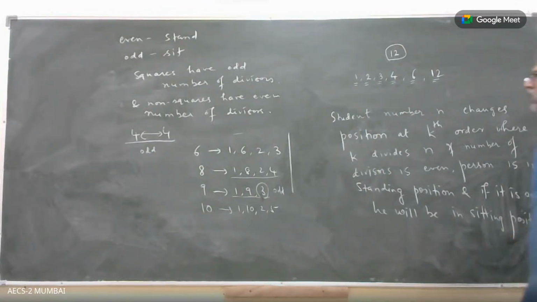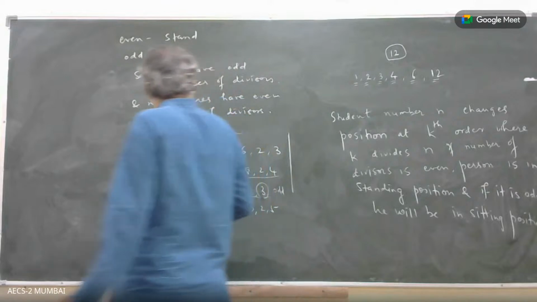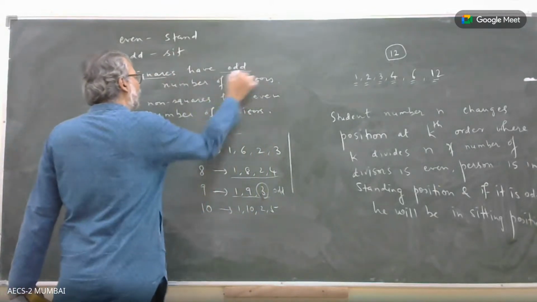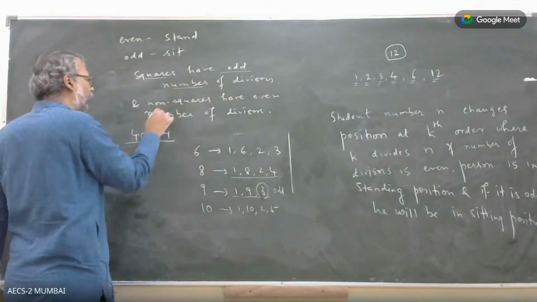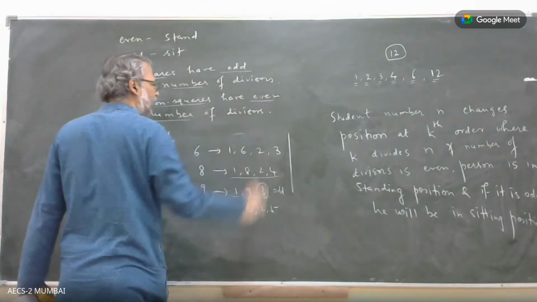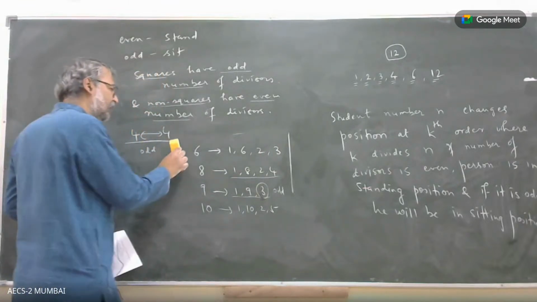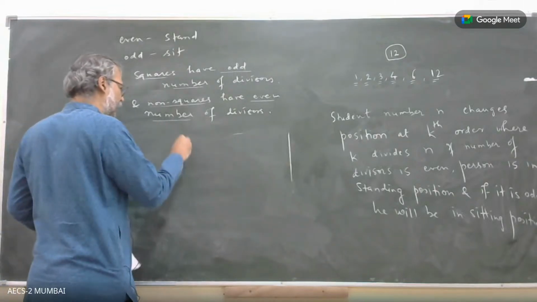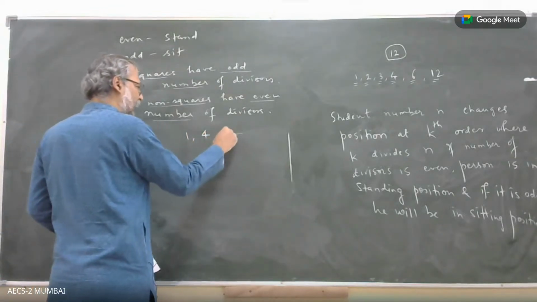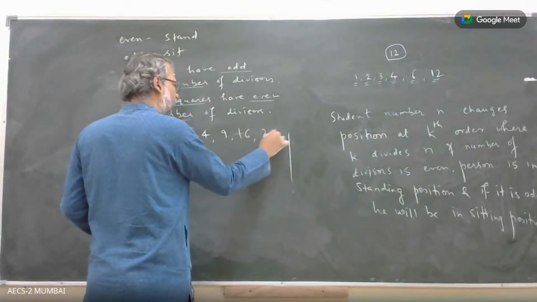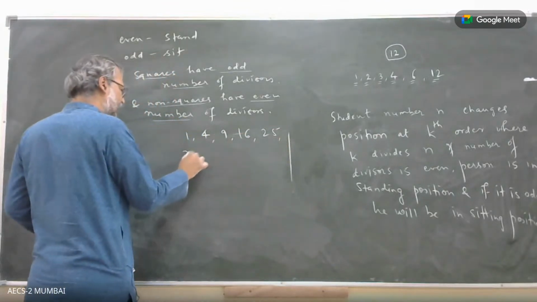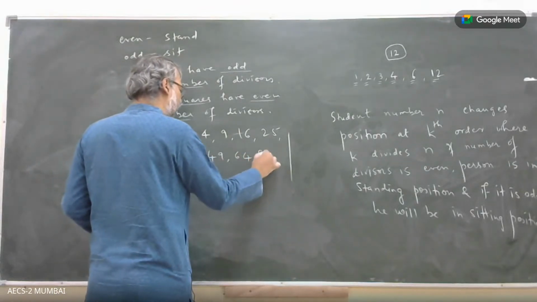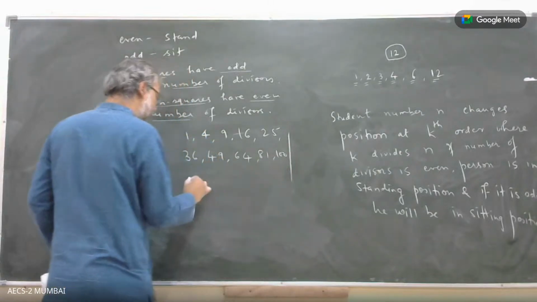Is that okay? Now, which numbers have odd divisors? Which numbers have even divisors? Squares have an odd number of divisors, and non-squares have an even number of divisors. Okay. So, which students will be sitting? 1, 4, 9, 16, 25, and so on. 36, 49, 64, 81, and 100 will be sitting.